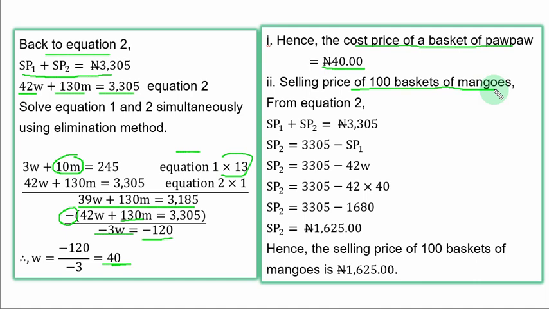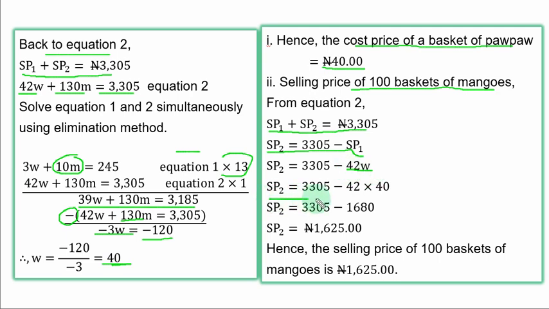That must be equation 2. Equation 1 is formed using the two cost prices, and equation 2 is the two selling prices. So for Roman figure 2, we have to use equation 2. SP1 plus SP2 equal to 3,305 naira. So let's make SP2 the subject because it is the selling price of mangoes. So SP2 is equal to 3,305 minus SP1. And what is SP1? 42W.